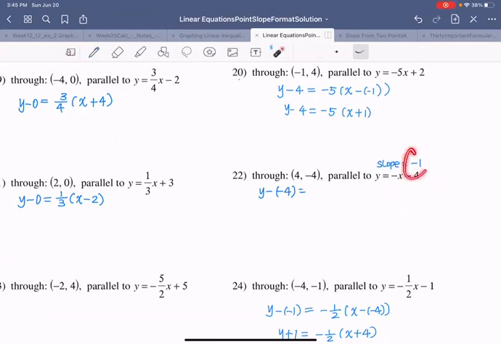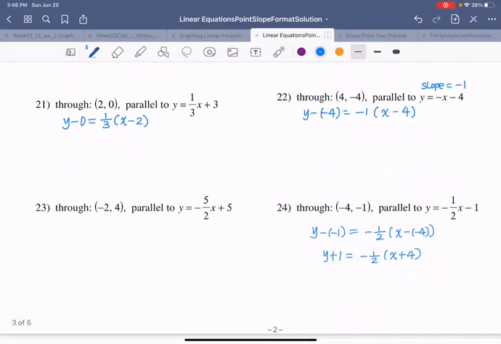Okay, now you plug in here. Go ahead. -1 times x minus 4. Thank you. Okay, Ethan, let's do number 23. You do y minus 4 equals -5/2 times x minus -2, or x plus 2. Okay, very good.